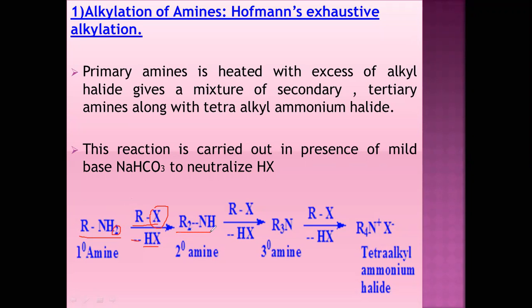So we get R2NH, that means two alkyl groups on the nitrogen atom and one hydrogen atom. So what is this? This is nothing but a secondary amine, right? That means from a primary amine, we prepare a secondary amine by replacing one hydrogen atom by an alkyl group.